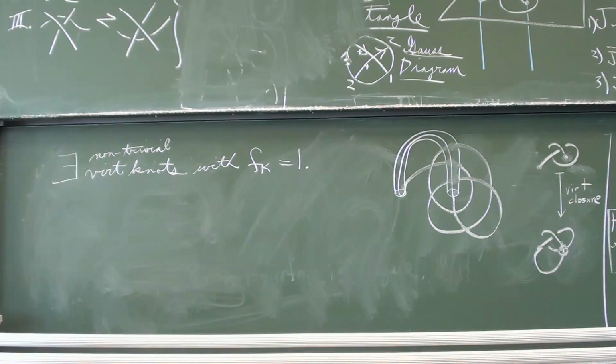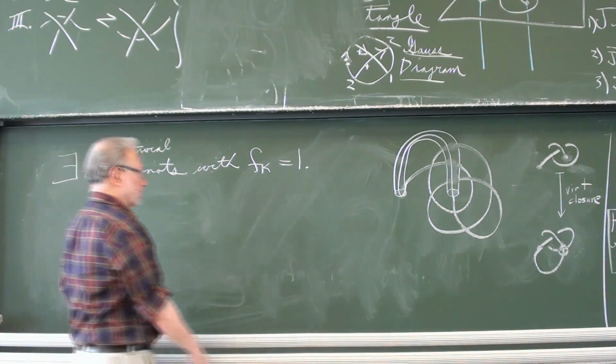Now the generalization of the Jones polynomial for virtual knots of the bracket system is exactly the same as before. You just evaluate on a loop that happens to cross through itself the same way as if you had left it alone. Is that clear?